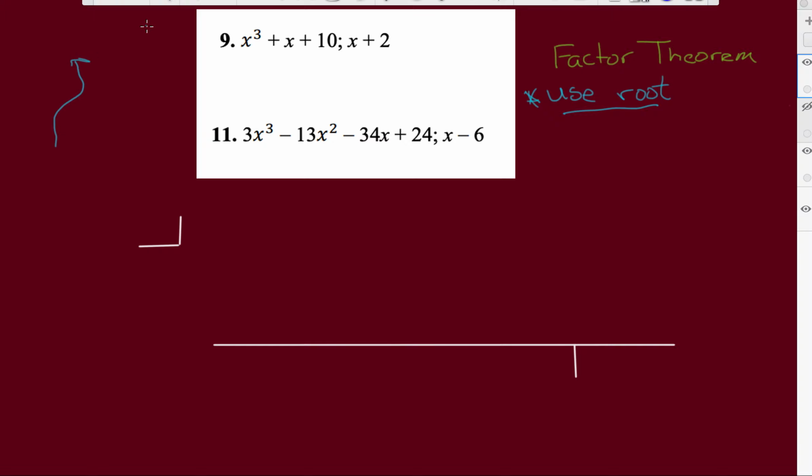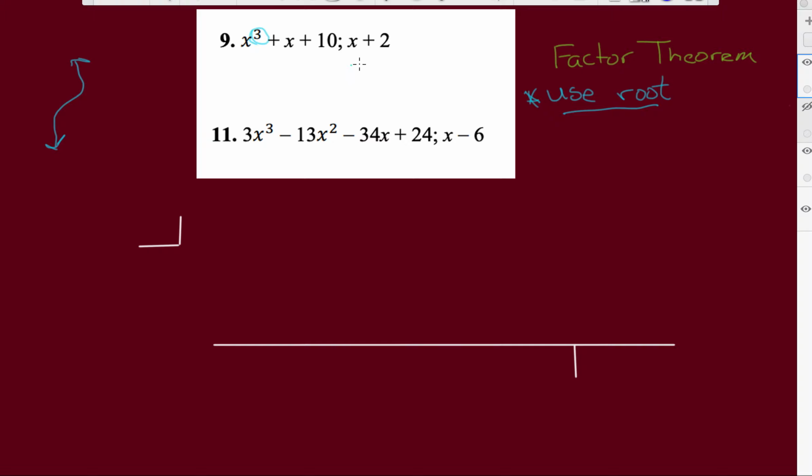It may twist a little, but it turns and goes upward. It may not go straight like that. It may be slanted a little bit, but that's basically what it is. We want to know where this function crosses the x-axis, and it could have up to 3 roots because it has a degree of 3.